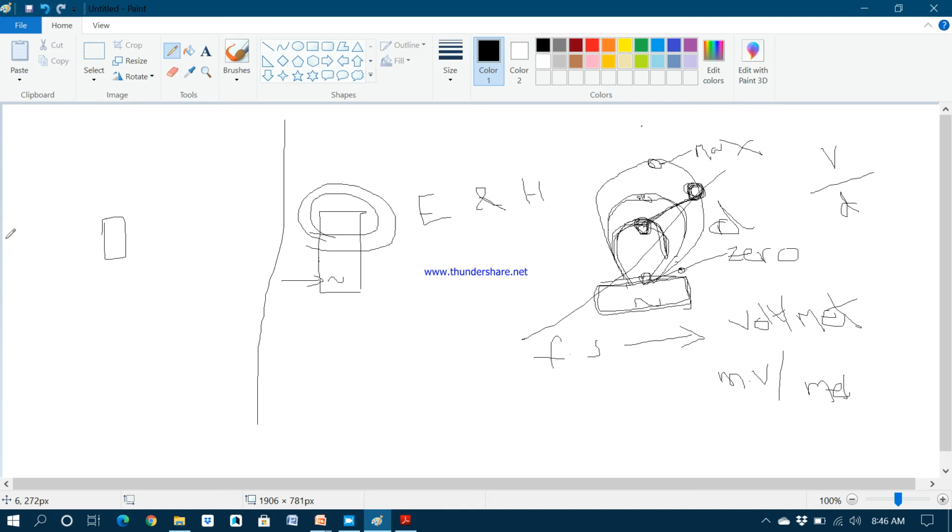So first of all, what is an isotropic antenna? The isotropic radiator is a radiator which radiates energy uniformly in all directions. Actually, I have drawn here like this, right? So at some places it is 0, at some places it is minimum, at some places it is maximum.